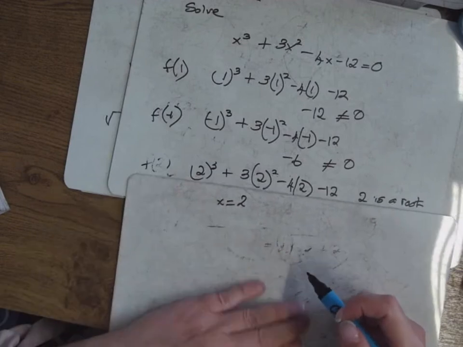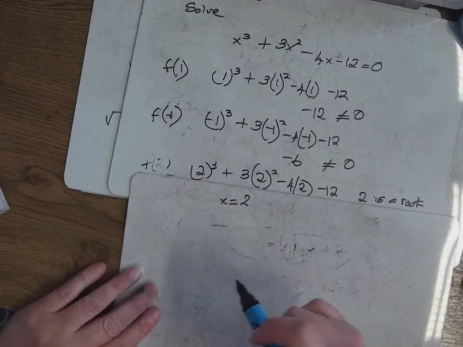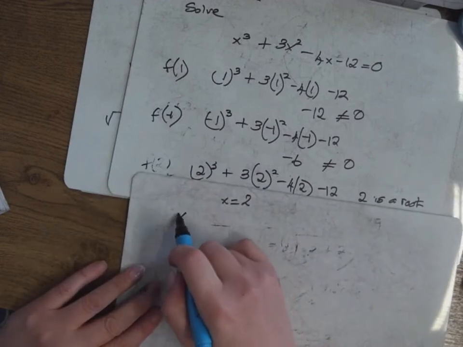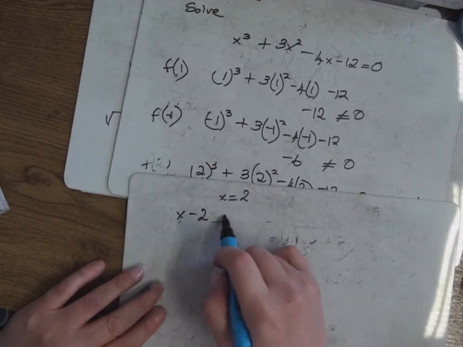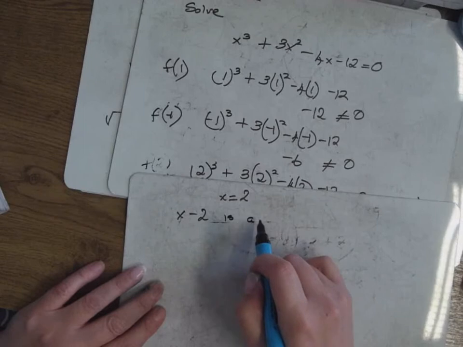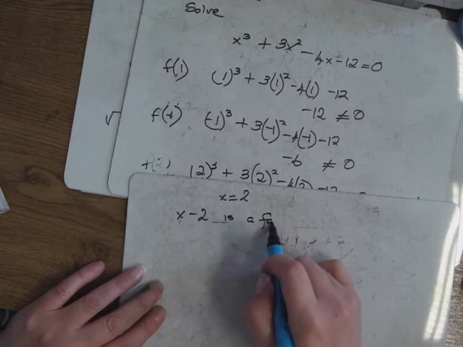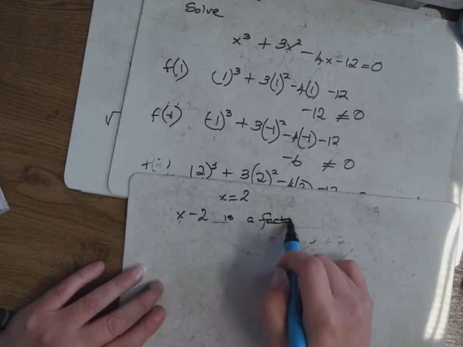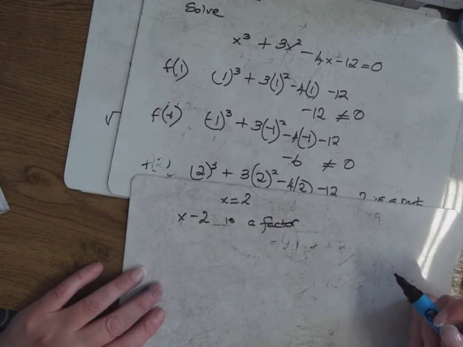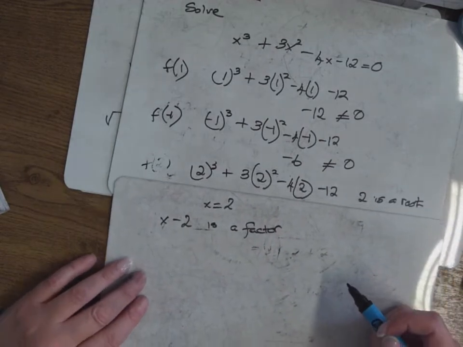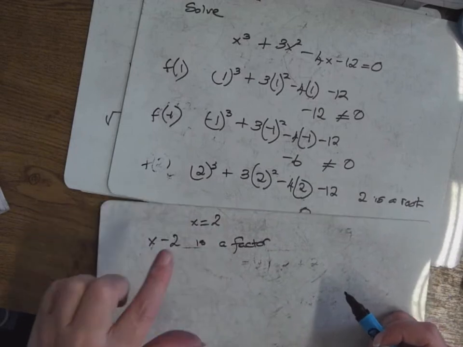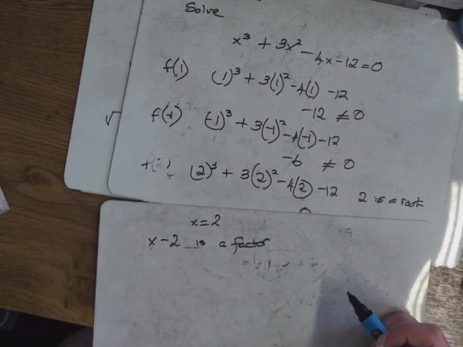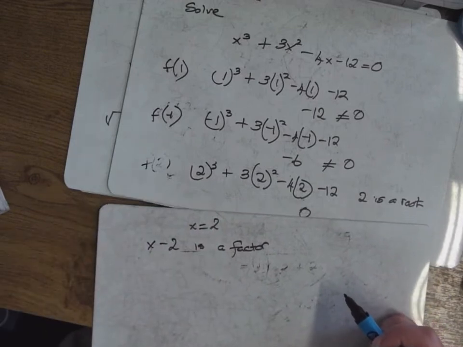So what's the factor? If x equals 2 is a root, that means bring the 2 back over: x minus 2 is a factor. Agreed? So if 2 works out, x minus 2 was a factor. It was x minus 2 in one of those brackets.